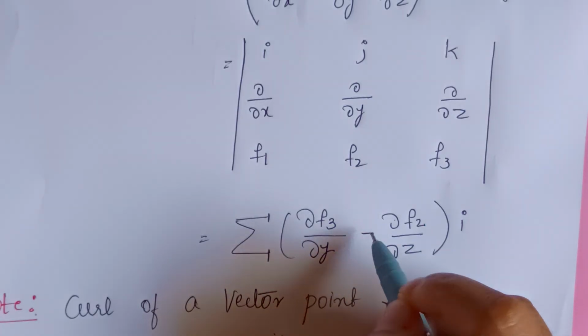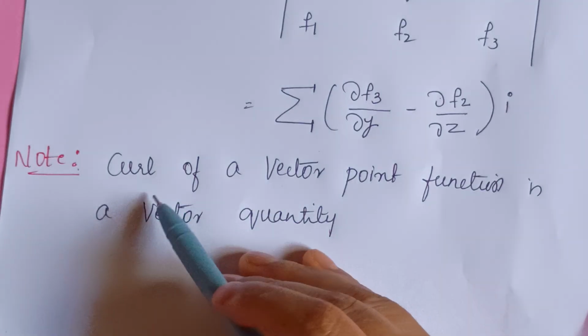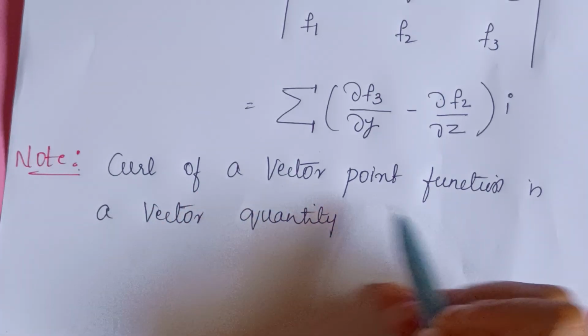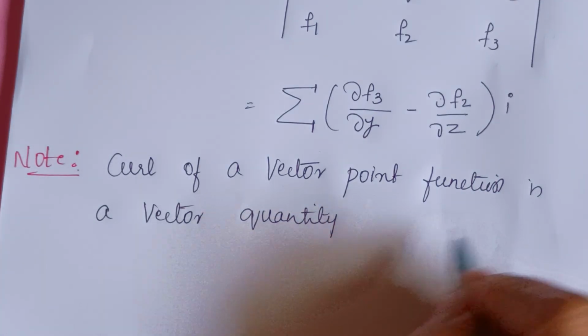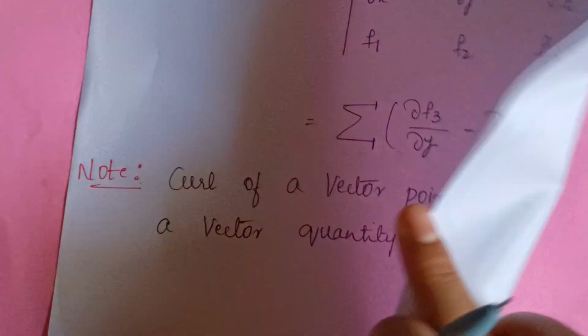I can also show you the expansion, but before that, note that the curl of a vector point function is a vector quantity.